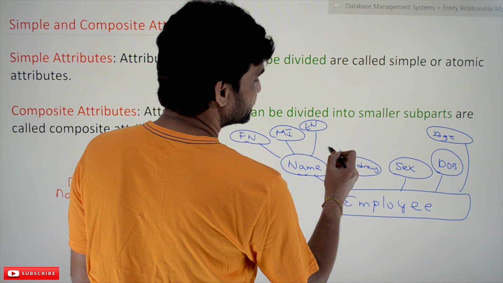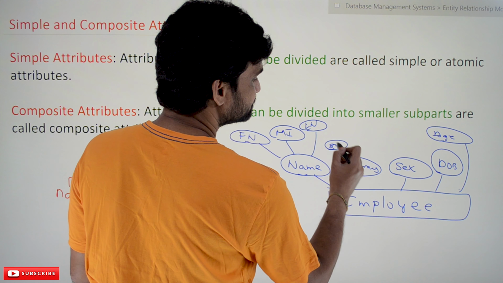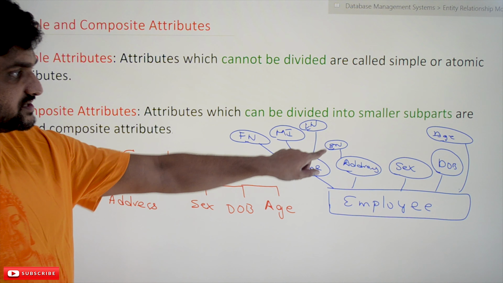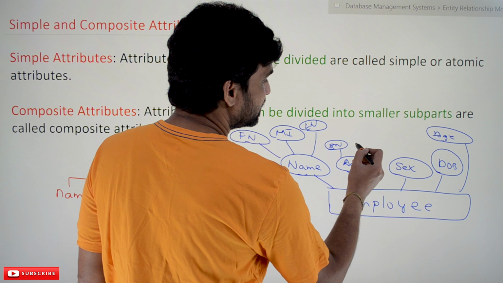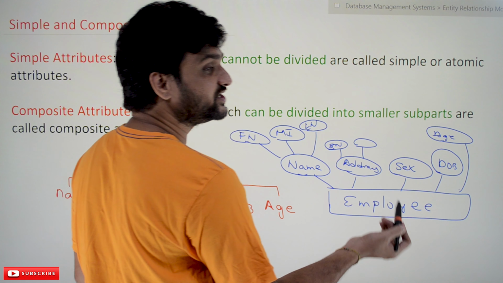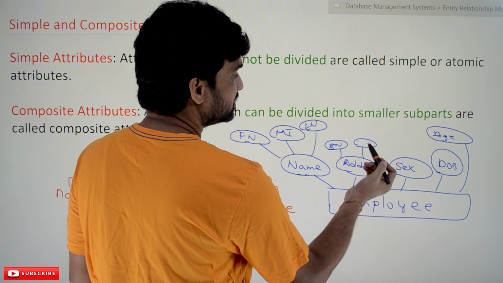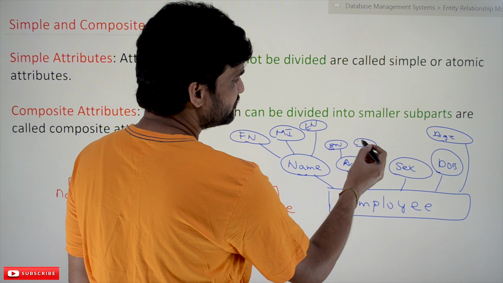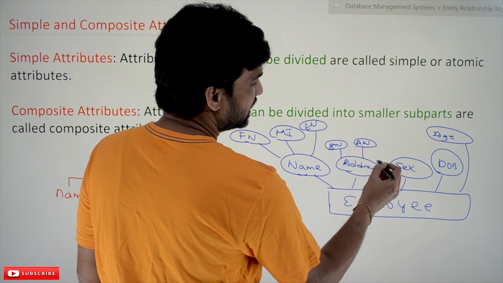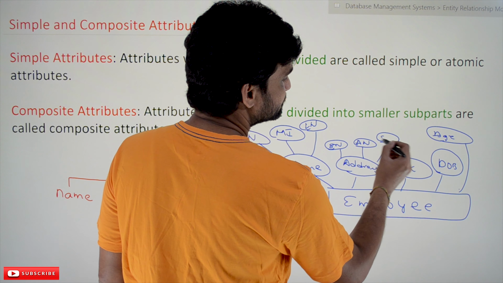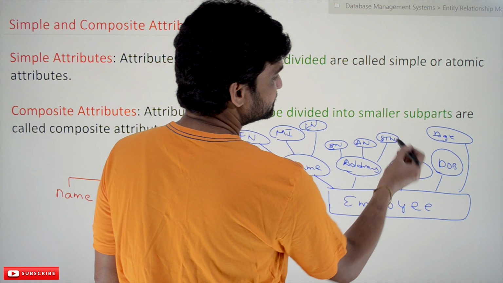Similarly, if you take address, it has street name. I am writing simply SN, which stands for street name. Next is area name. Afterwards state name, in which it is located.